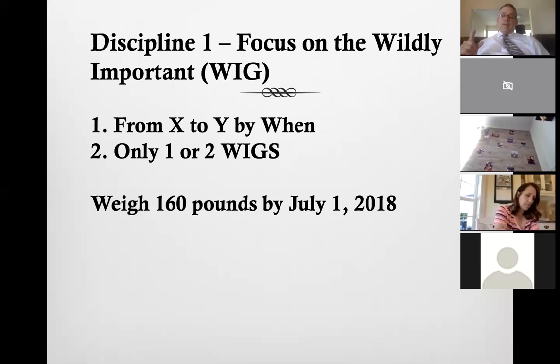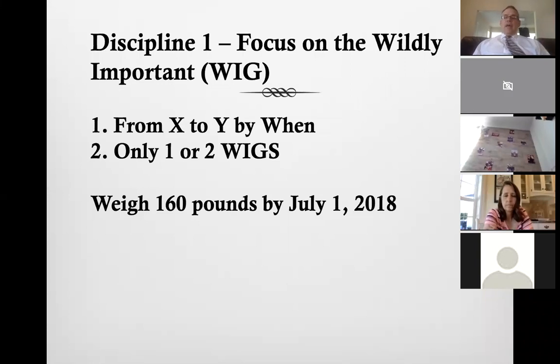From X, where I'm at now, so let's say this is me, not 2018, I'm 180 pounds. According to the doctors, I should be 165. So I'm modestly overweight, okay? So they would say I should get to 160, 165 pounds. So my goal would be, I want to get to 160 pounds. Let's say this now goes to 2020, 160 pounds by July 1st, a year from today, next year, okay?